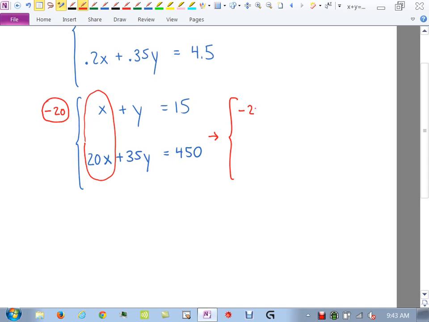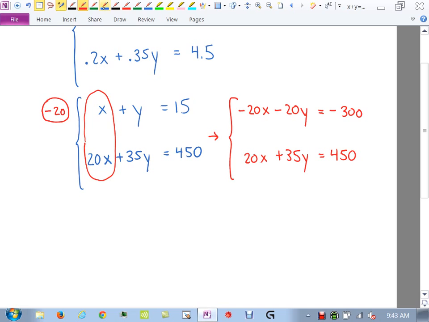I should get negative 20x minus 20y equals negative what? 300. And then I still have 20x plus 35y equals 450. I'm sorry to do this to you on a Monday morning, but we had to finish this off, okay?